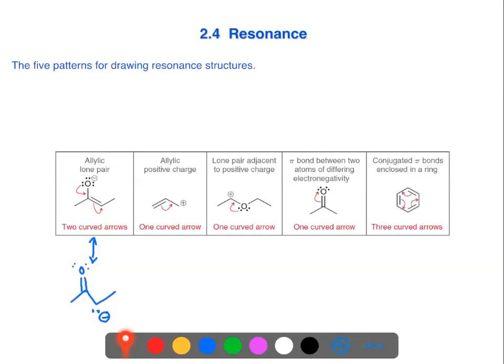But in order to not violate the octet rule, we have to use a second arrow to move the electrons in this pi bond to a new orbital onto this carbon atom. And so that's what's shown below, is that we have formed a new pi bond from an original lone pair, and we've broken a pi bond to give us a new lone pair, a carbanion, on this carbon.